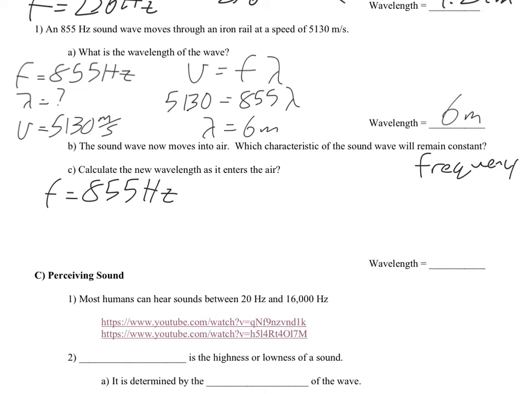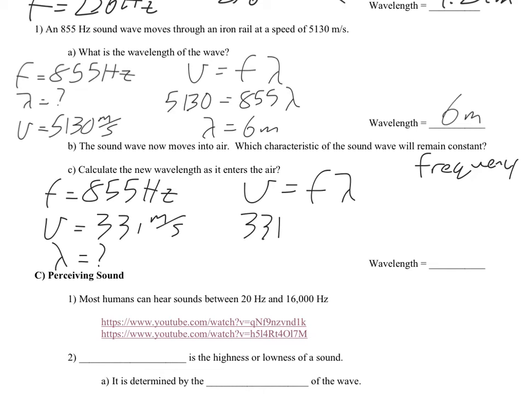Now it's in air, so we know the velocity of sound in air is 331 meters per second. And we're looking for wavelength. So we have V equals F lambda again. V is 331. Again, I'm just leaving the units out, but you should get in the habit of using them for the exam. Divide both sides by 855. We have 331 divided by 855. Comes out to be 0.39.